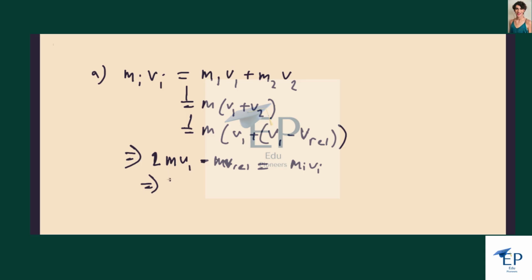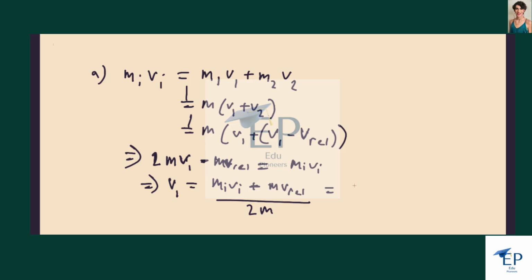So v1 therefore is just m_i v_i, the initial momentum, plus the mass of one of them, m, times the relative velocity, over 2 times m.